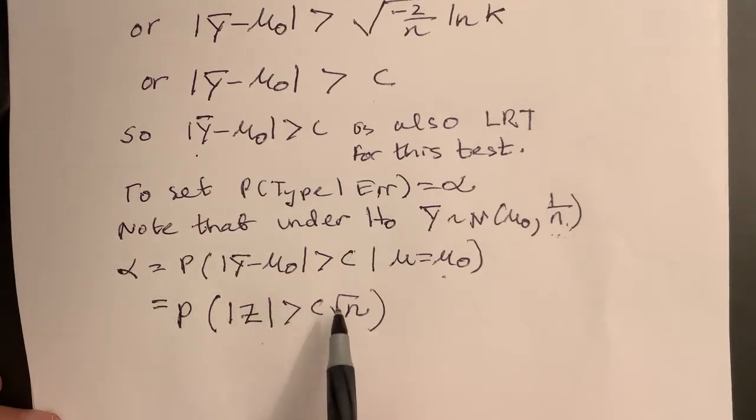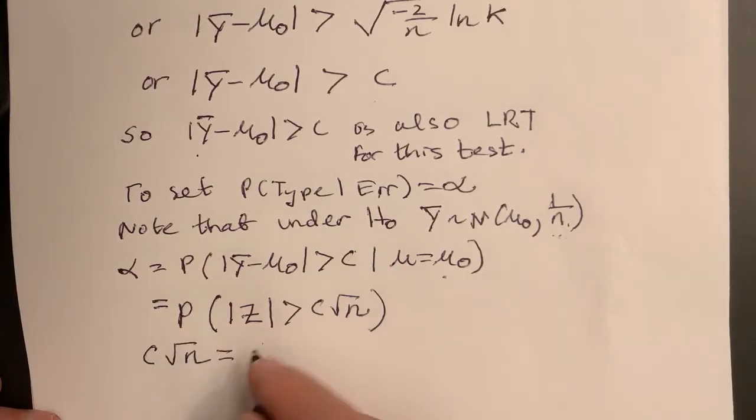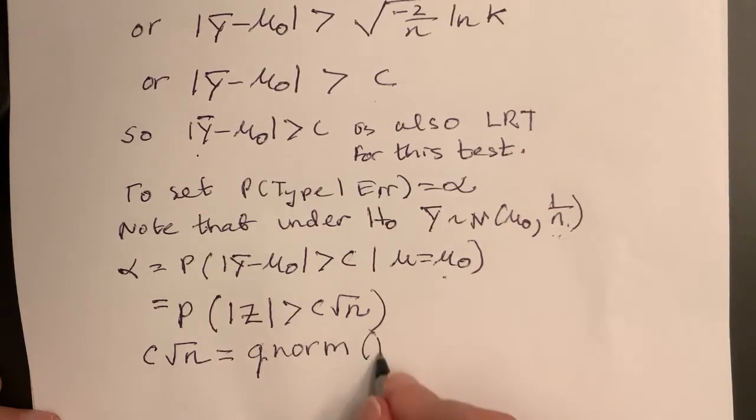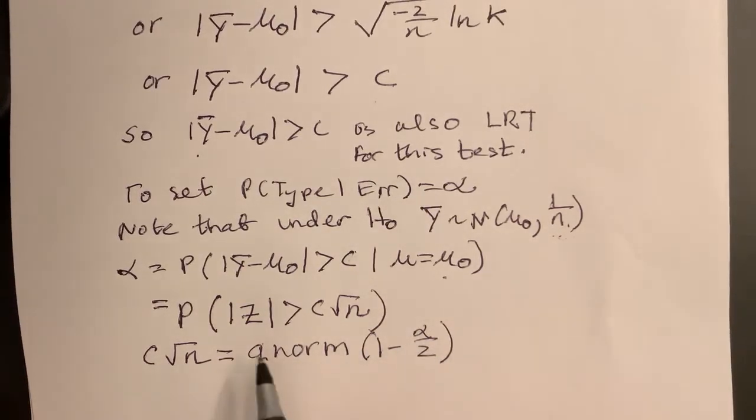This tells me that c root n should equal qnorm of 1 minus alpha over 2, because then there's an alpha over 2 probability that z is greater than c square root of n, and an alpha over 2 probability that z is less than minus c square root of n.